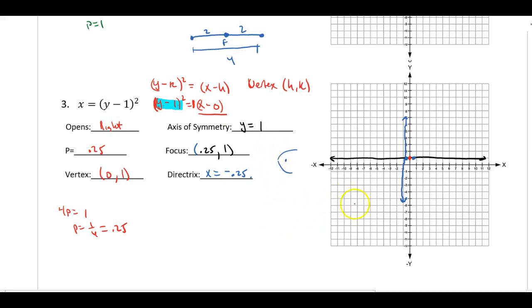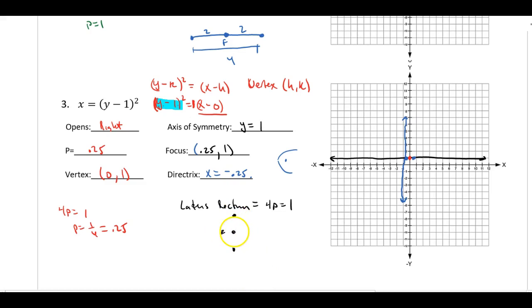Okay? Now, to get a sketch of my parabola, I need that latus rectum again, right? Which is the value of 4p, which is 1. Okay? That means, now, if this is my focus, the endpoints of my latus rectum are going to be above and below it.